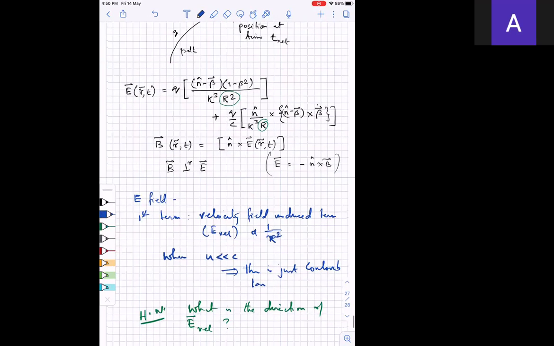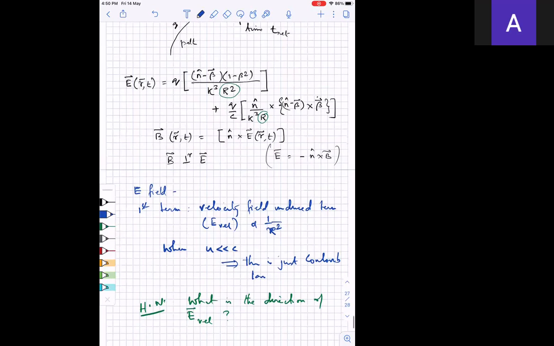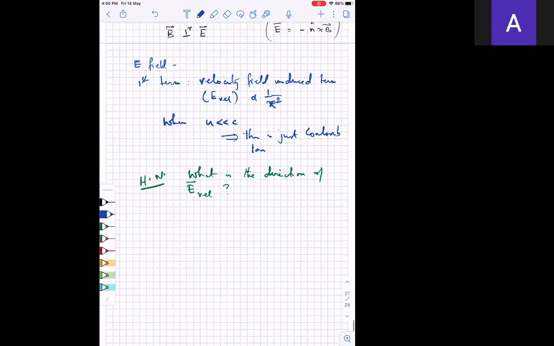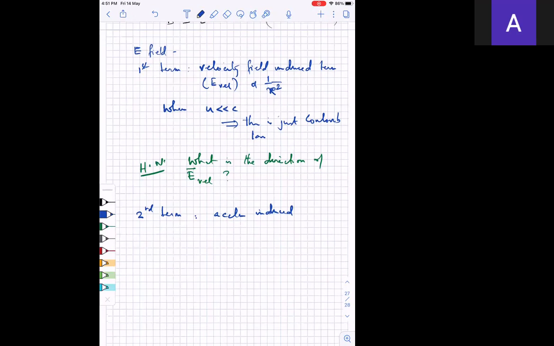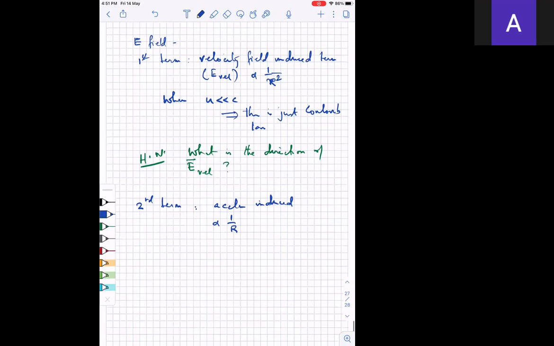Then there is the second term over here, which is acceleration induced, and this is proportional to 1 by r. This is the radiation field.